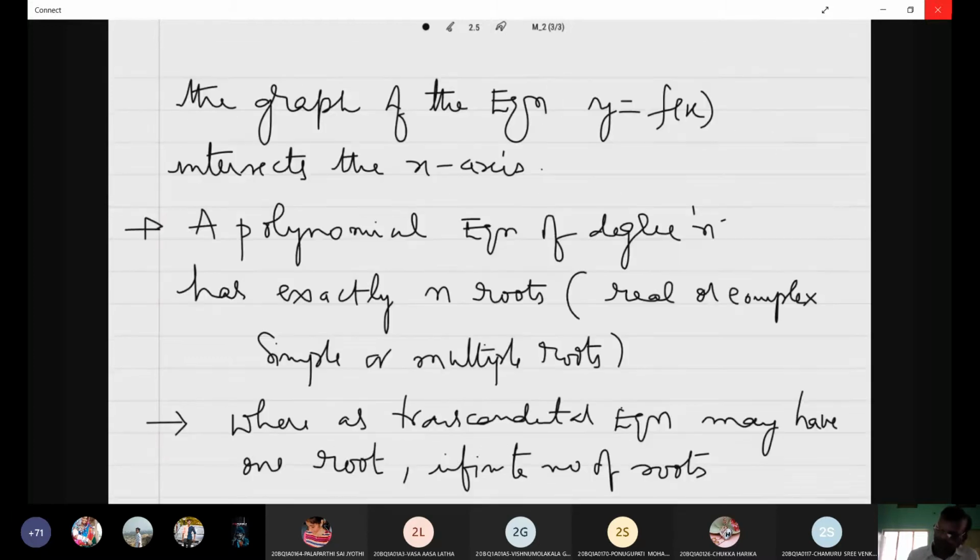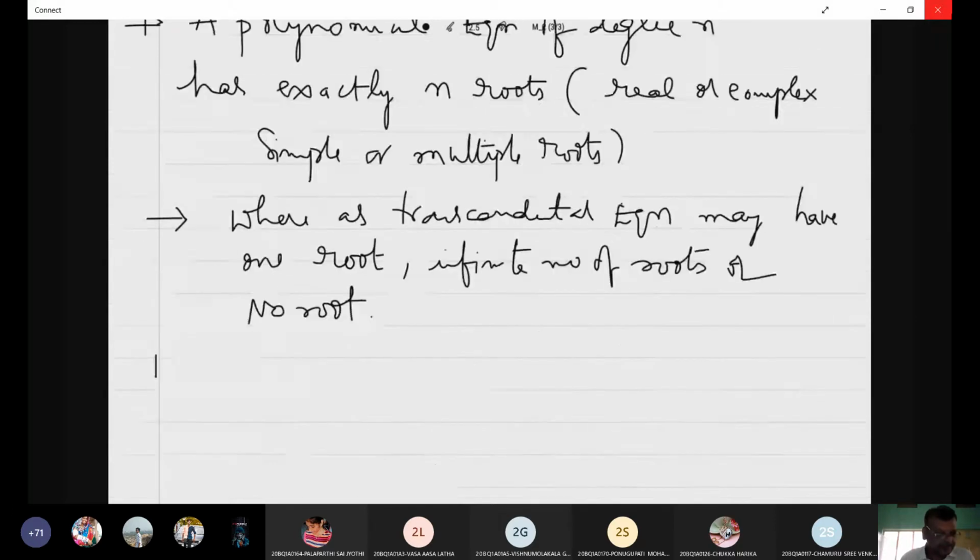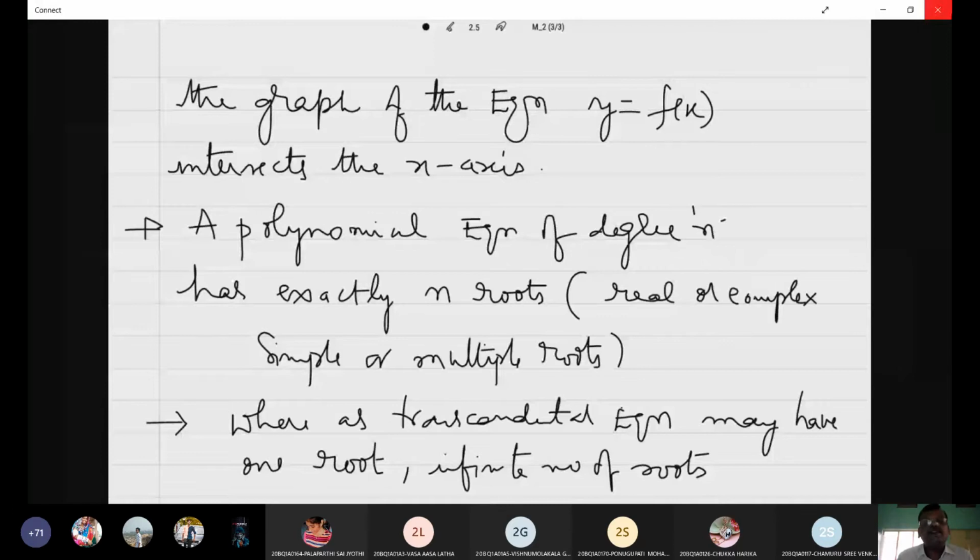Now, methods for finding real roots. Okay. Now, what type of methods are there? How many methods are there? Anyone?